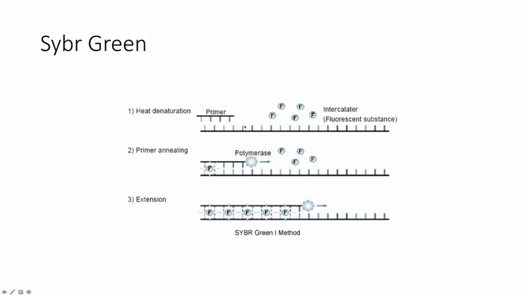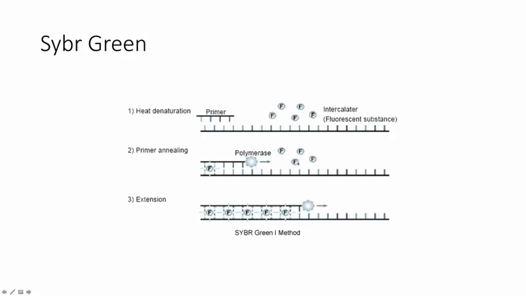So when the DNA is denatured, it's not going to intercalate into the DNA, and as the primer anneals to the DNA and the polymerase starts elongating the primer, more double-stranded DNA is made. It intercalates into the double-stranded DNA, and while it's in the double-stranded DNA, it's actually fluorescing.